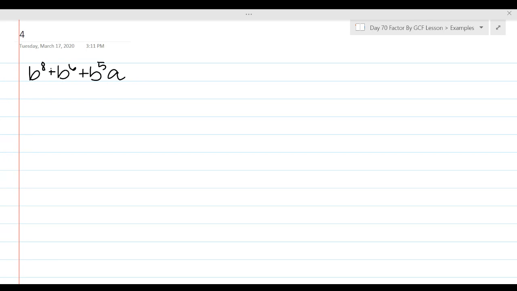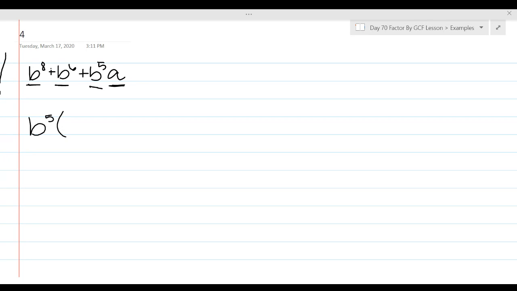So if there's no coefficients, we just skip that first little step that I was talking about. And we're going to look at b's because that's the first variable I see. So we see there's b's in each one of them. So that means we can pull out a b. Remember, we want to take the smallest exponent, so 5. And then there's only a in one term, so we can't pull out any a's.